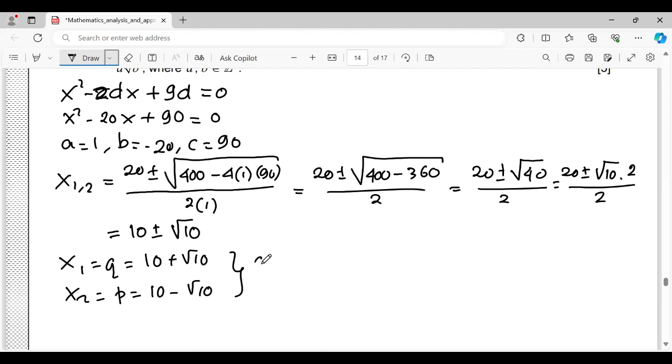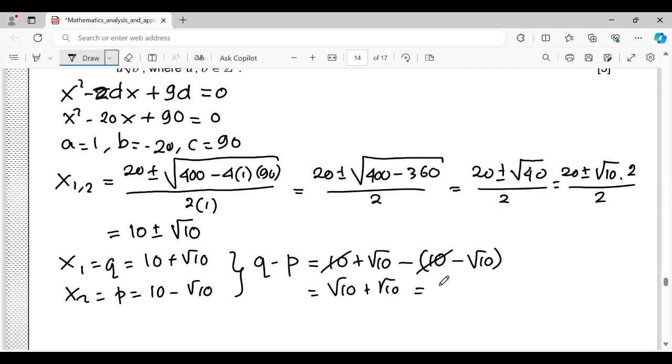So q minus p equals 10 plus square root 10 minus (10 minus square root 10), the 10s cancel, and it becomes square root 10 plus square root 10. It is 2 square root 10. That's the solution.